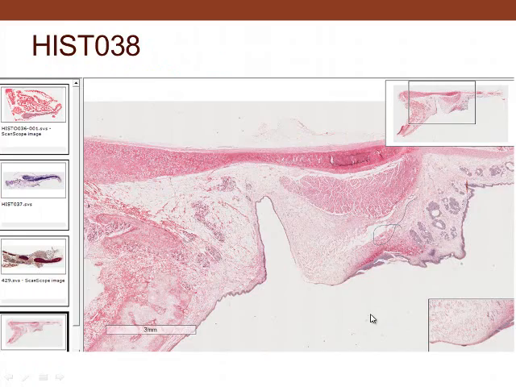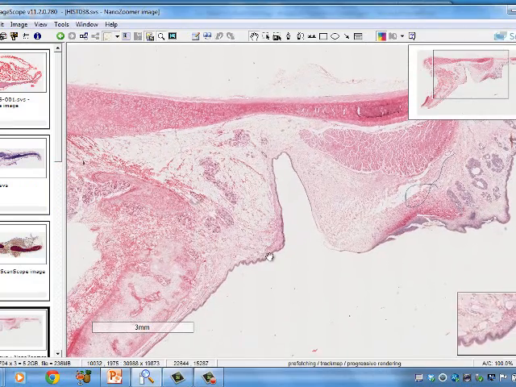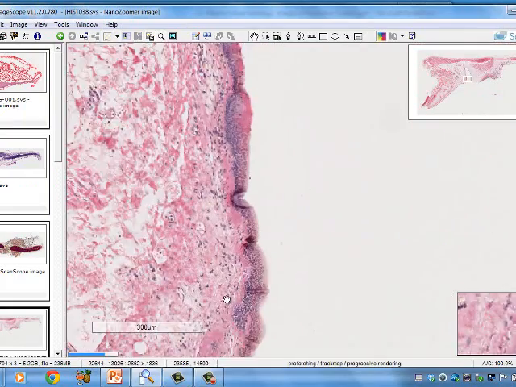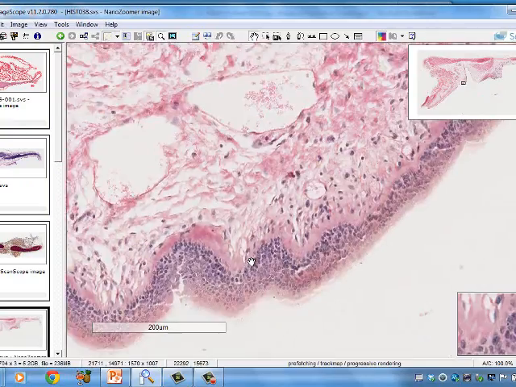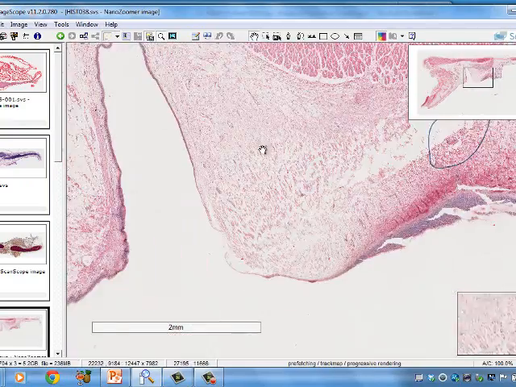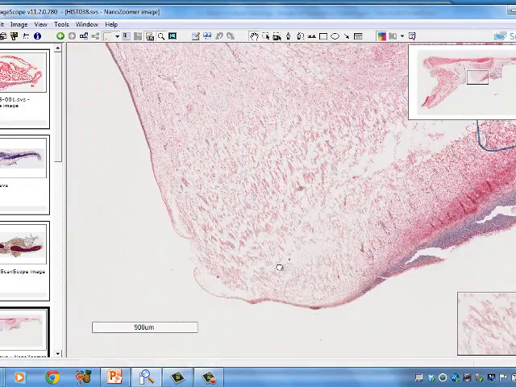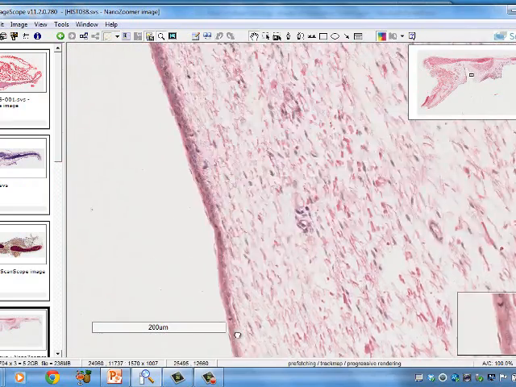So if we take a look at that, let's see which one is the true vocal cord. It's going to have stratified squamous epithelium on its surface, and that's the one that's not associated with glands. Here's the true vocal cords right over here with the muscle. So stratified squamous epithelium should be along in here.